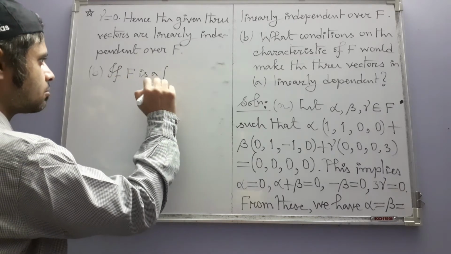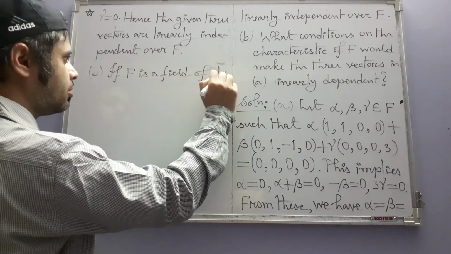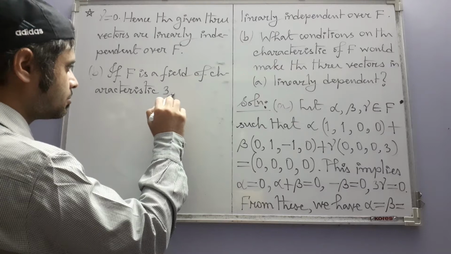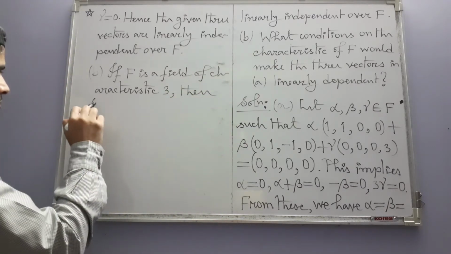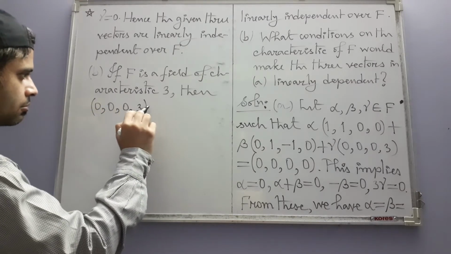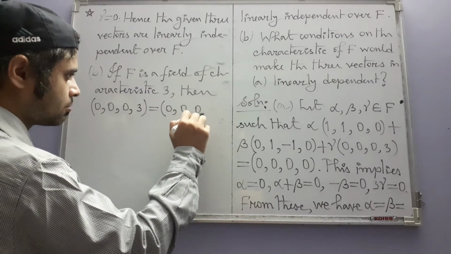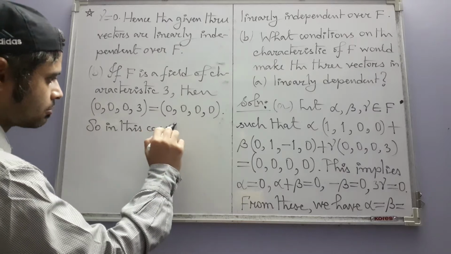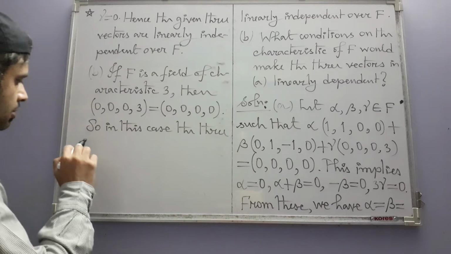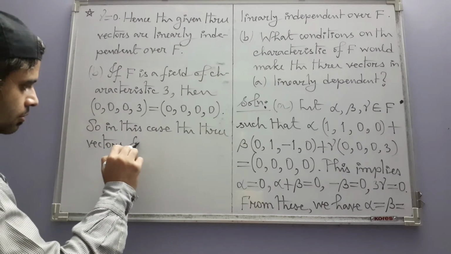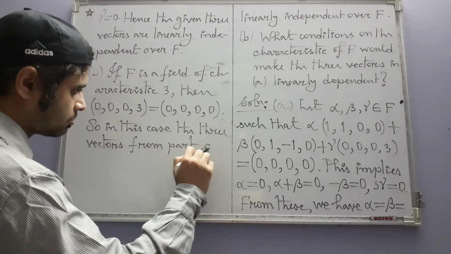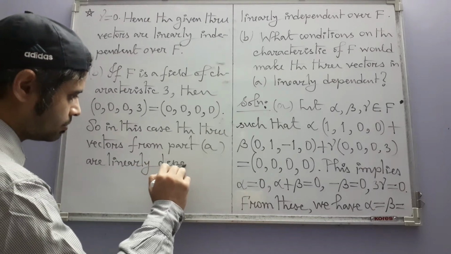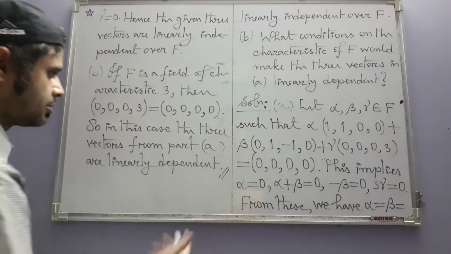If F is a field of characteristic 3, then in this case the three vectors from part A are linearly dependent, and that is the solution.